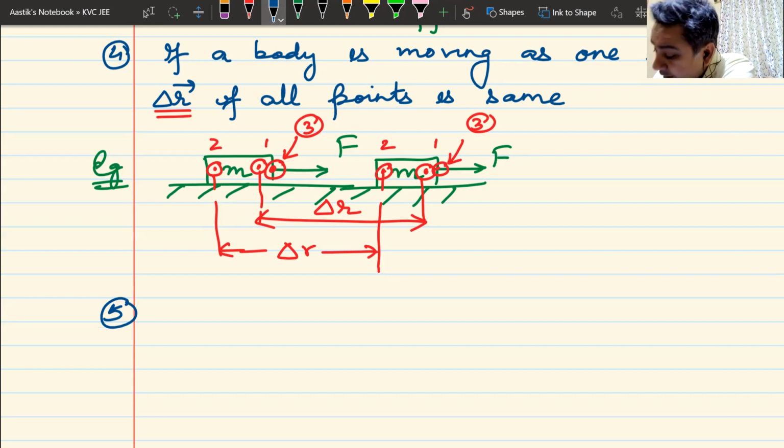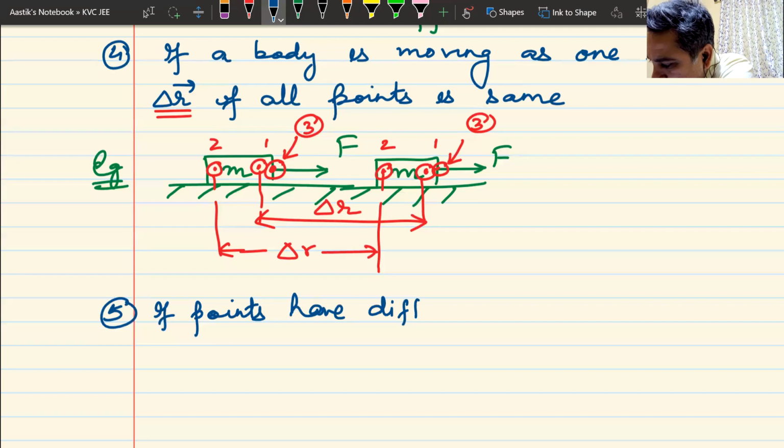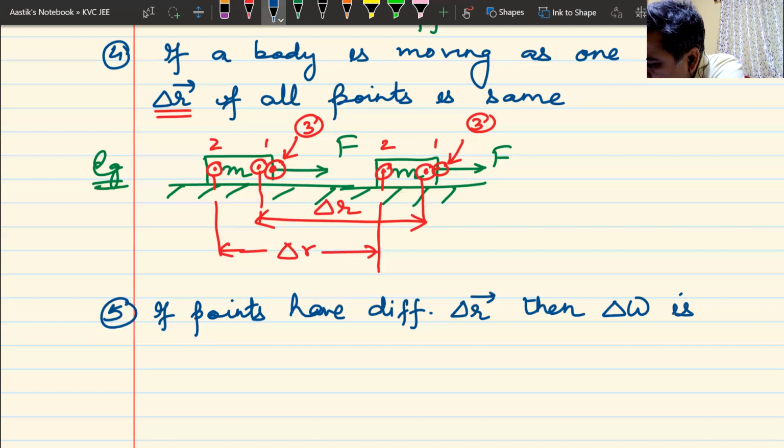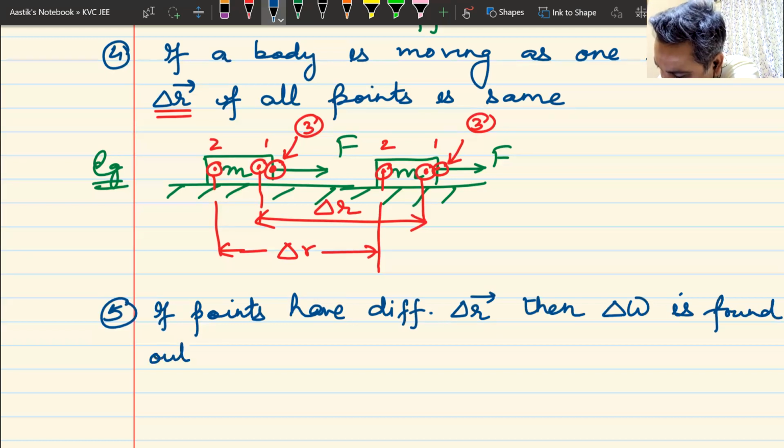If points have different displacements, then work done is found out with the displacement of which point?